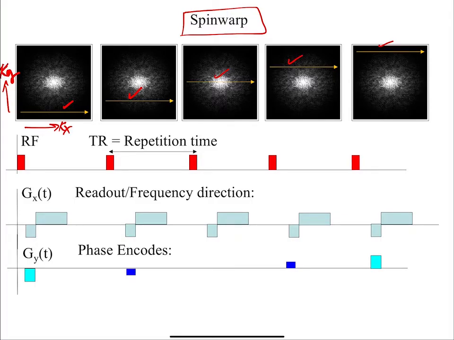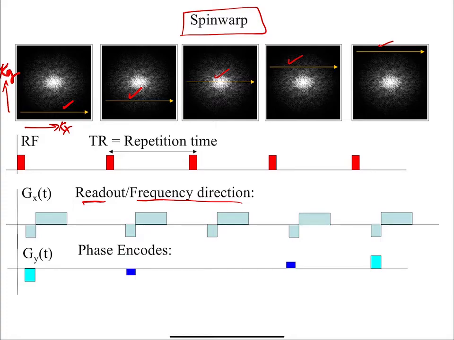We go very fast along the kx direction. In a spin warp sequence, we typically go through that in maybe 2 or 3 milliseconds or less. That's the fast direction, also called the readout or the frequency direction. It's called readout because as fast as the data is coming in, we're sampling it and reading it.